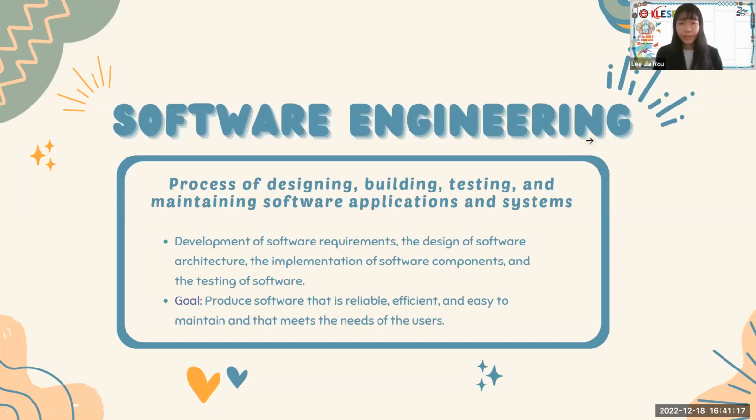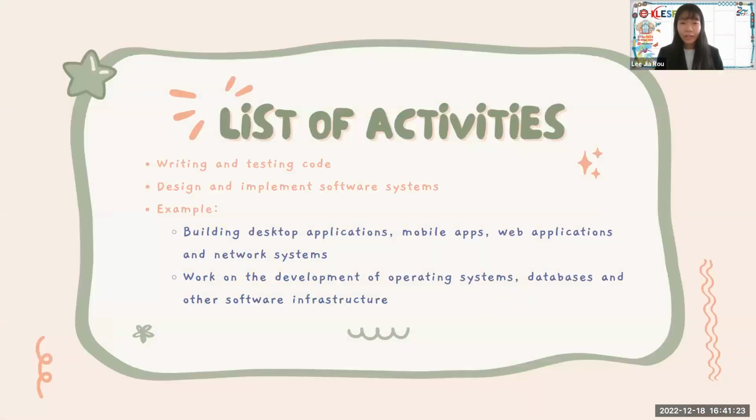Okay, so that's the simple definition of software engineering. If you study software engineering, or you want to be a software engineer as your career in the future, what kind of activities will you do? First, you will need to write and test the code.